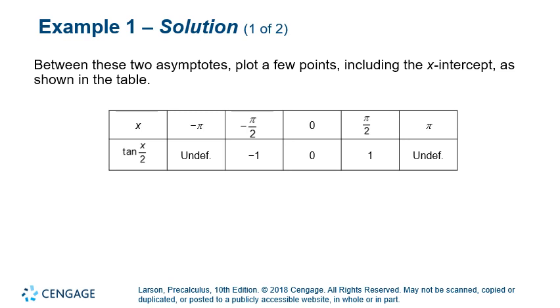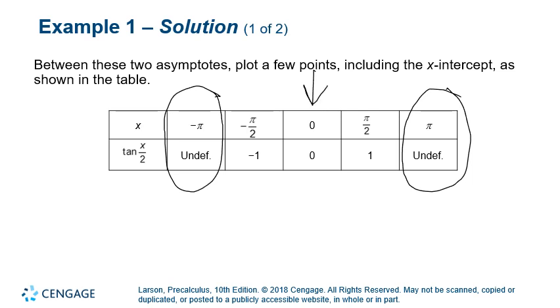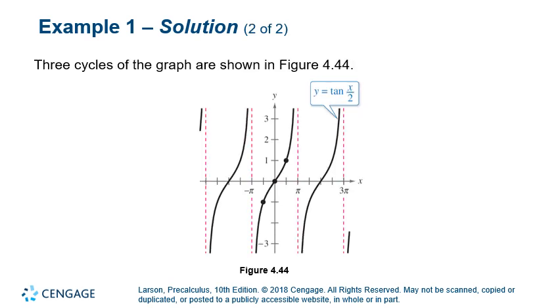Now we can plot a few points. What they've done here is they've plotted, we know this is the asymptote, and this is the asymptote. So they plotted basically midway in between, and then they subdivided again, and they got some y values. And then they plotted those points, like so. And so what you see here is different from the parent function. The parent function actually has the asymptote at negative pi over 2 and positive pi over 2.